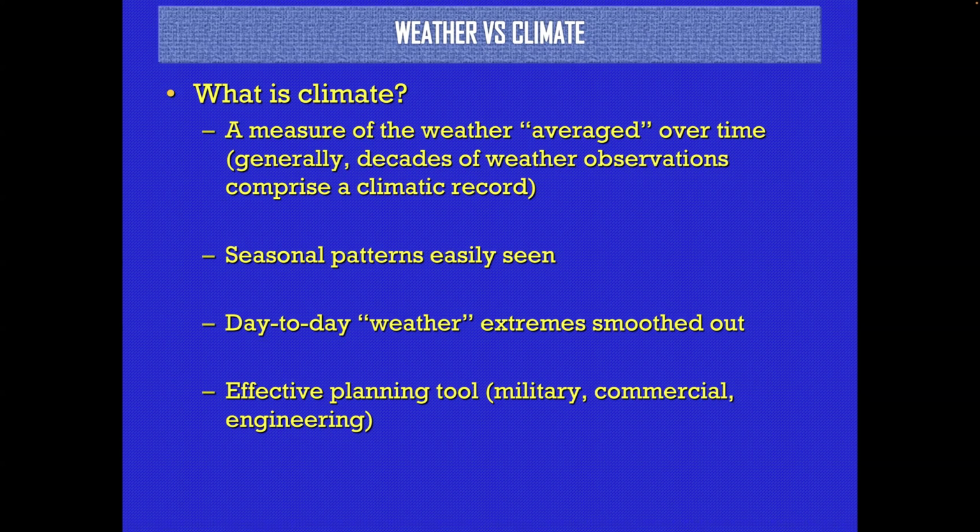So the day-to-day weather extremes are smoothed out. So think about it, pick a date, pick July 4th. So let's say the average temperature on July 4 is 81. I'm making that up, but let's just say it's 81.